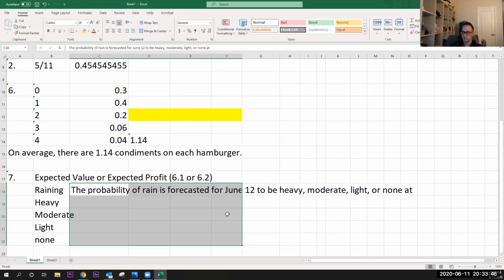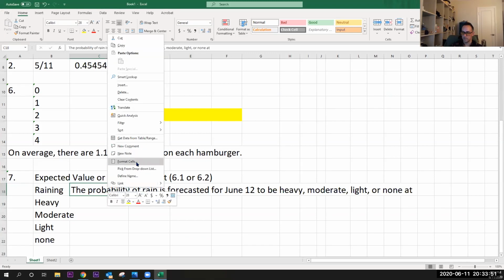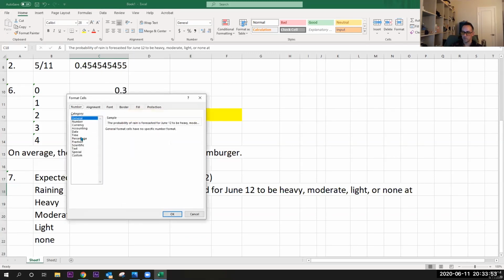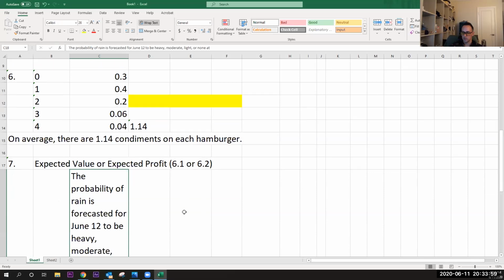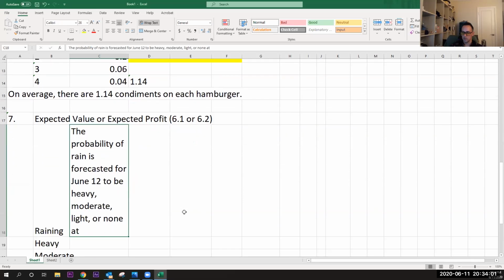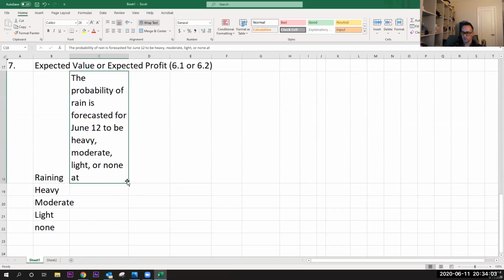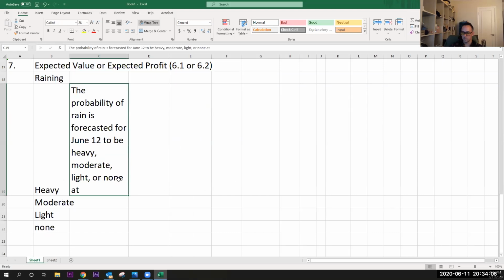Well, let me just do this. What I wanted to do is combine that into one cell, but it's not letting me. It's kind of hard with this big old thing, but oh well.